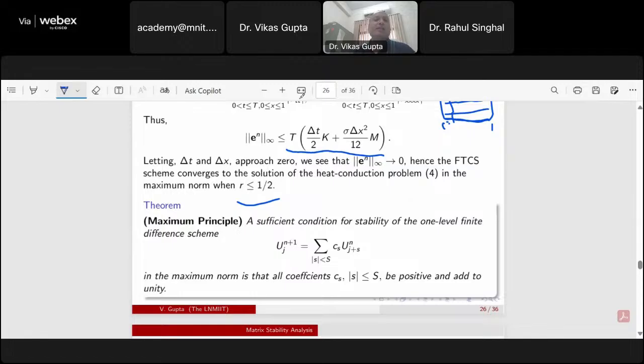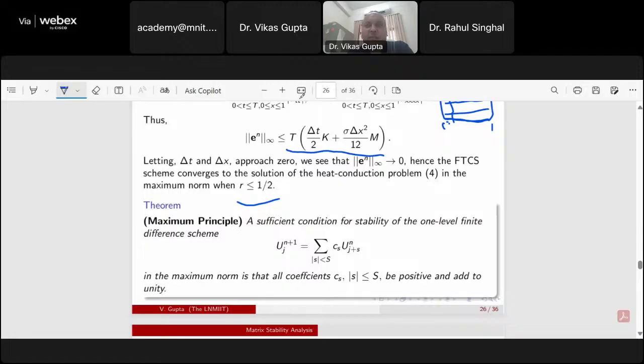So now, according to the maximum principle, a sufficient condition for stability of the one level finite difference scheme, the FTCS scheme. That is a one level scheme because only the grid solution at the previous time level, n, is involved.